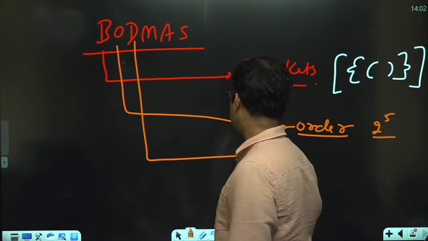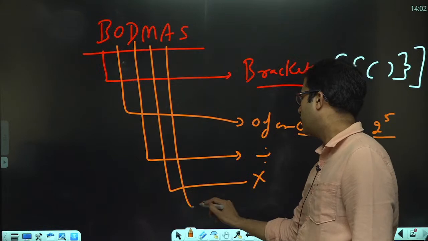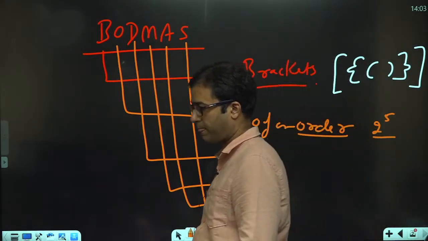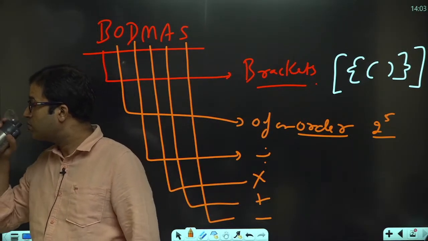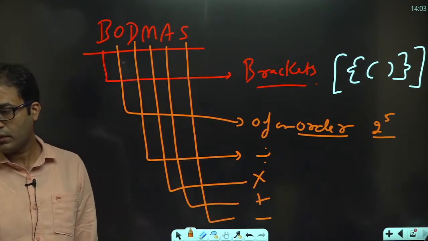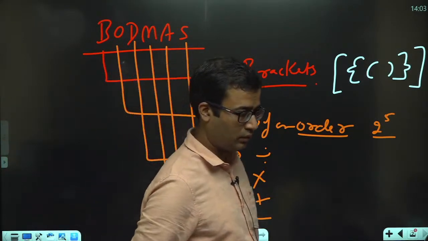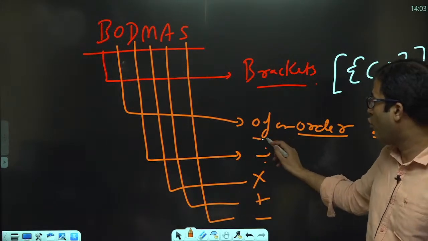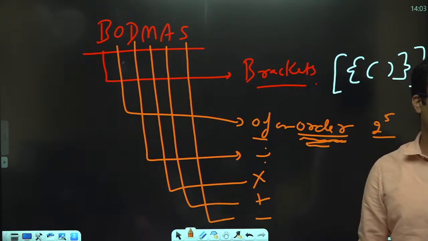D stands for division, M stands for multiplication, A stands for addition, S stands for subtraction. O stands for of or order. Order means power, if there is a power.